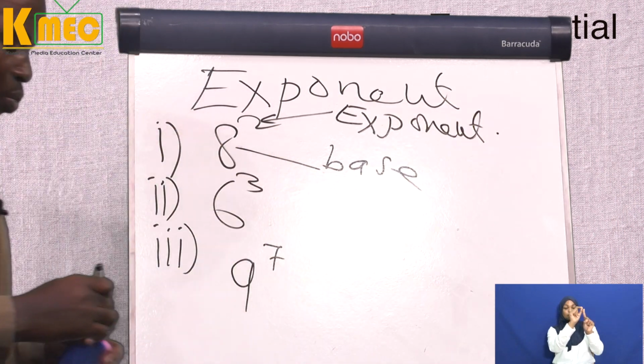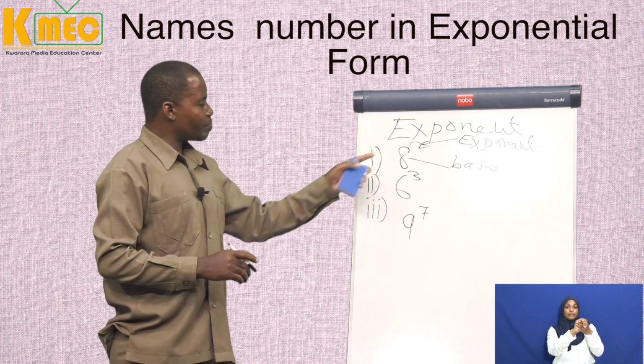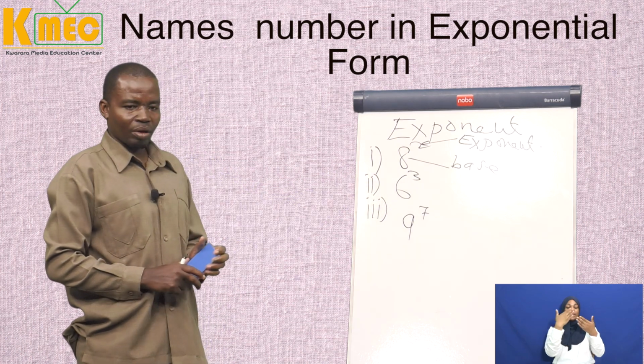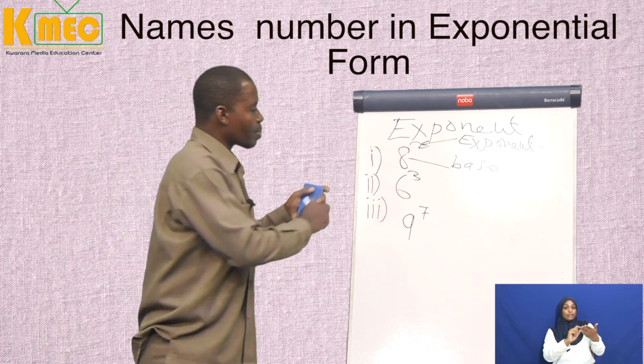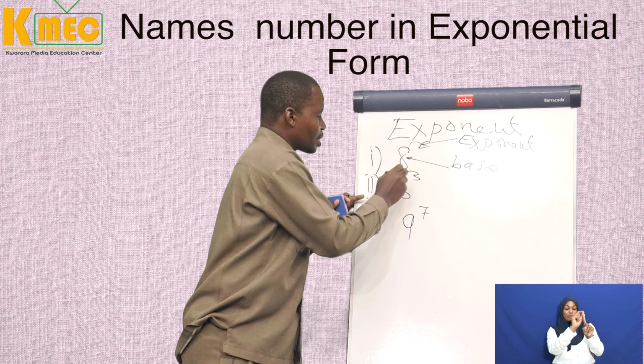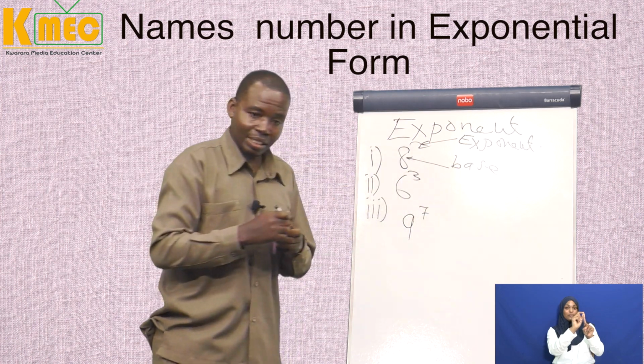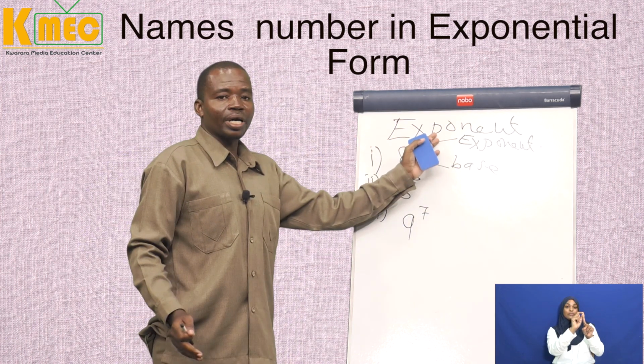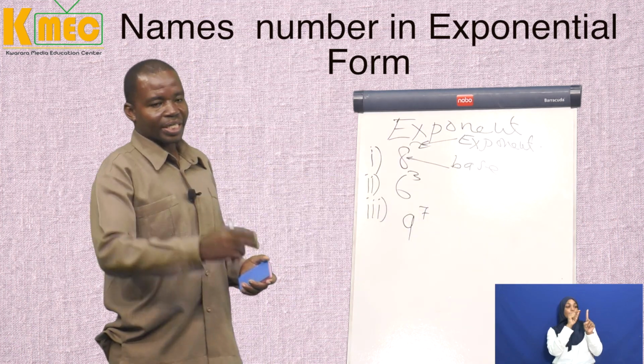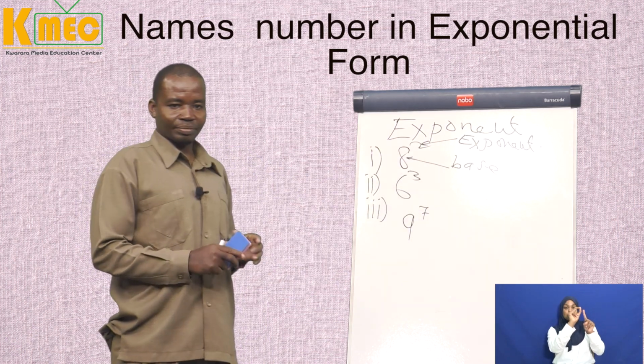Whenever we write a number in exponential form, there is a base and an exponent.